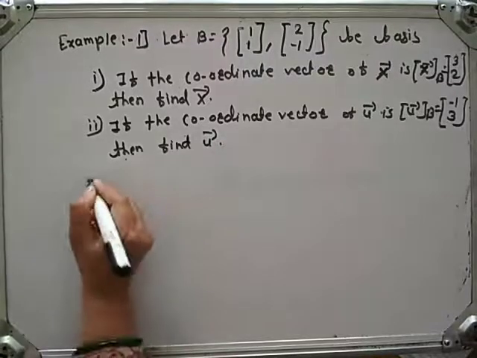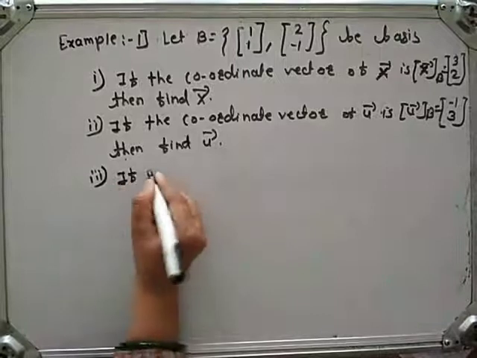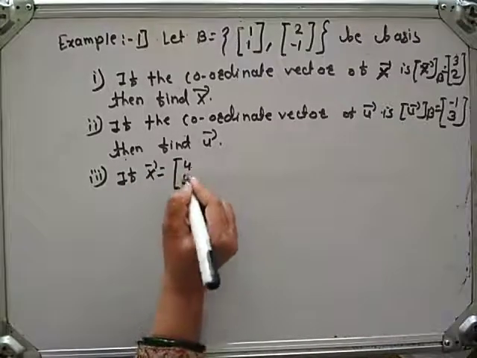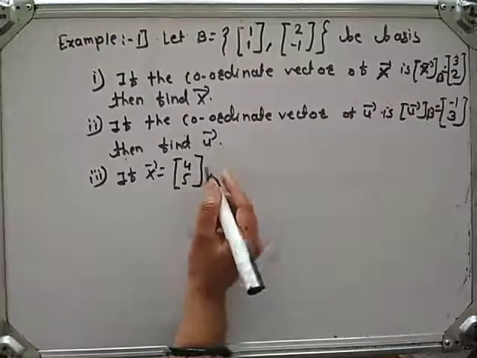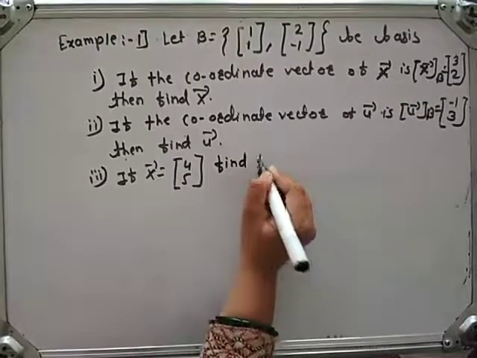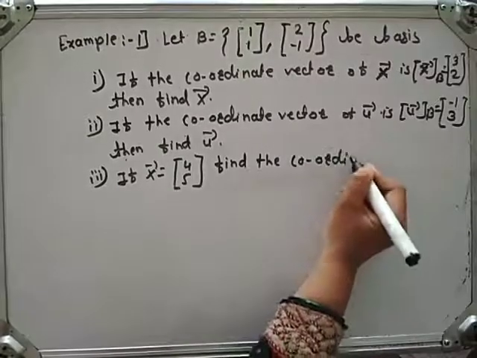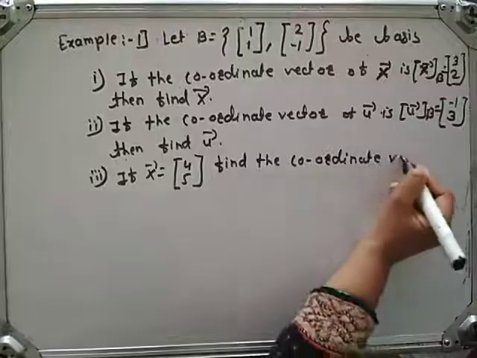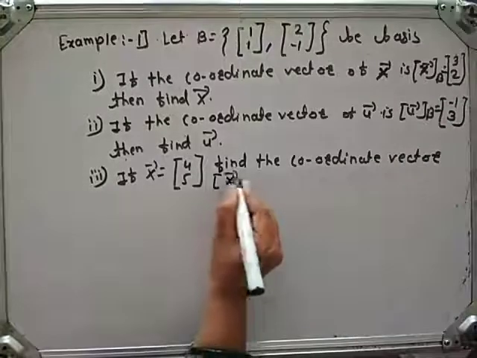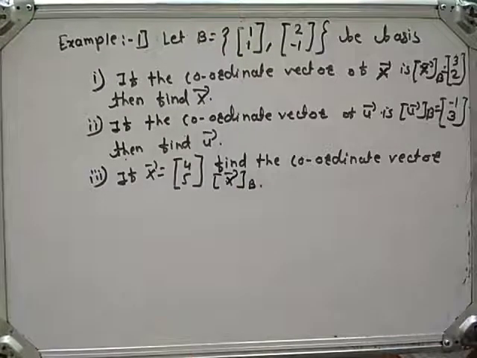Okay, and the last one, if x bar is equal to the vector (4, 5), find the coordinate vector of x bar relative to the basis B.